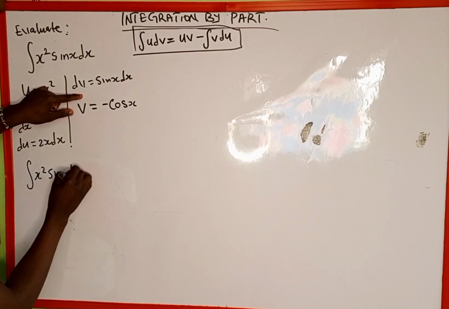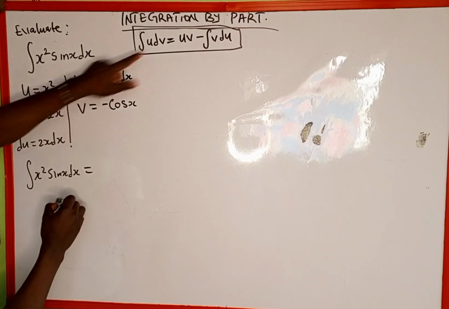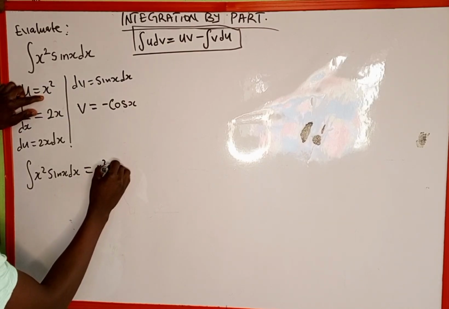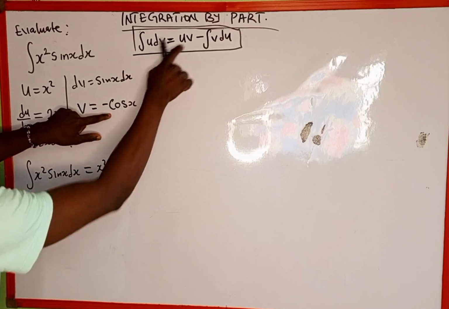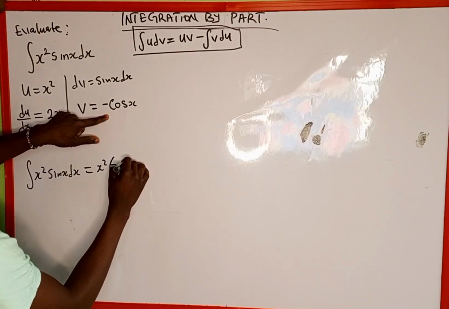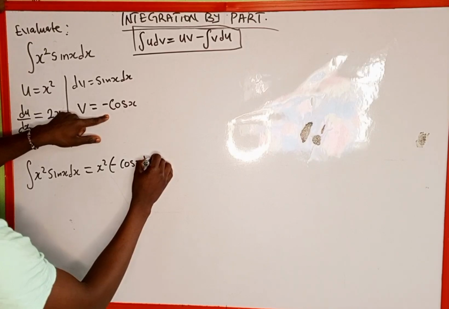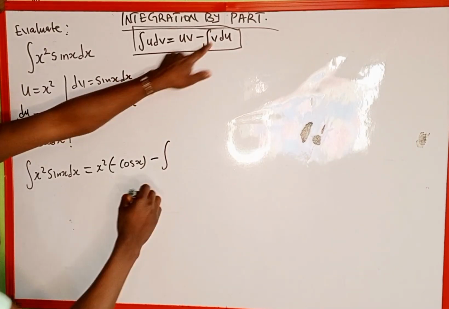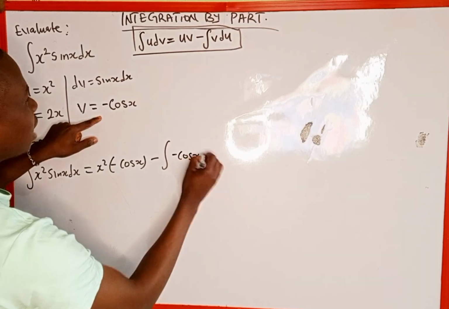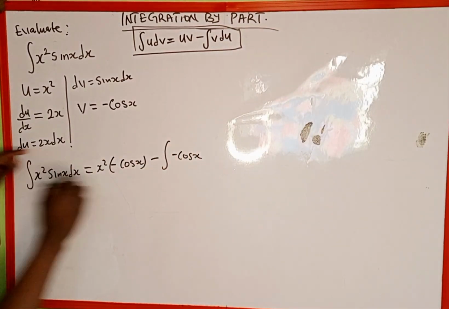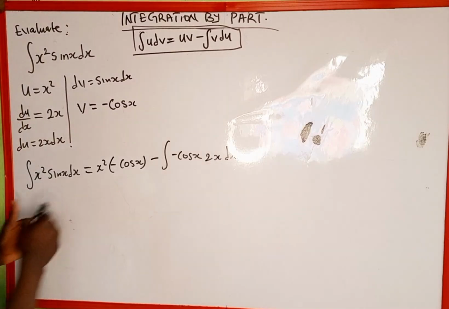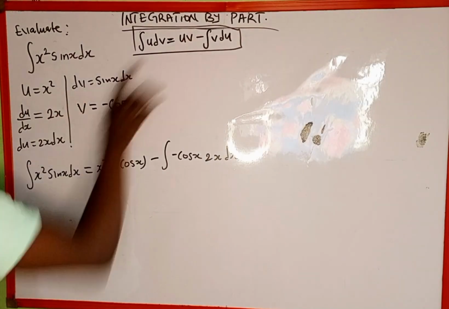Sine x dx, which is going to be equal to u multiplied by v. Our u is x squared, then minus v, which is minus cos x in the bracket, minus cosine x, minus integral of v du. Our v is minus cosine x and our du is 2x dx. Now we have successfully substituted into this formula.